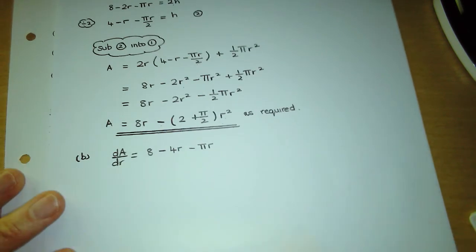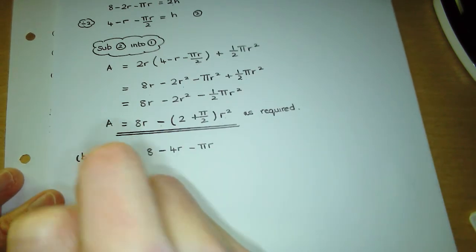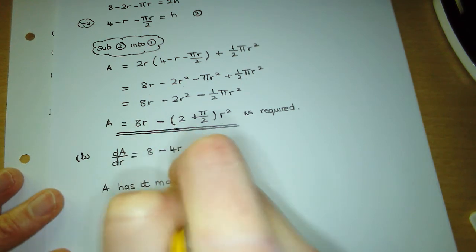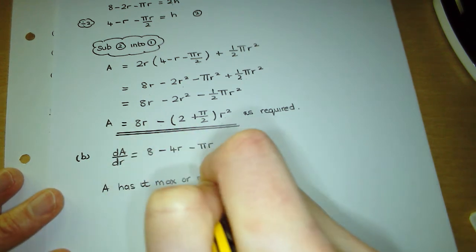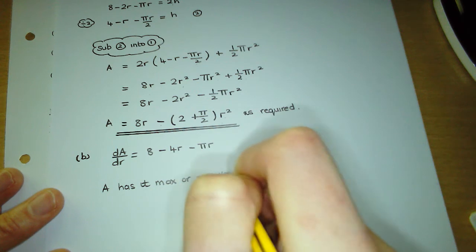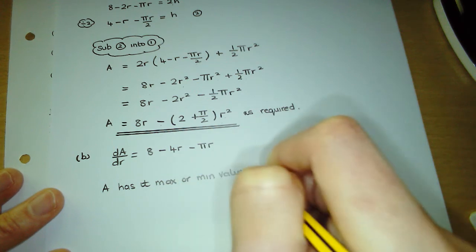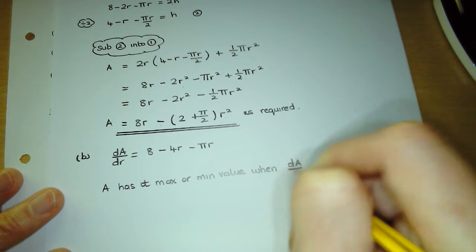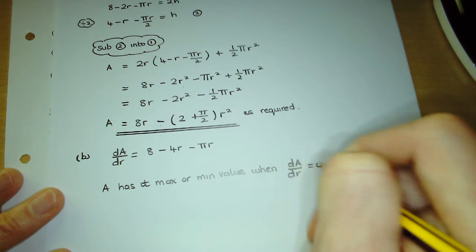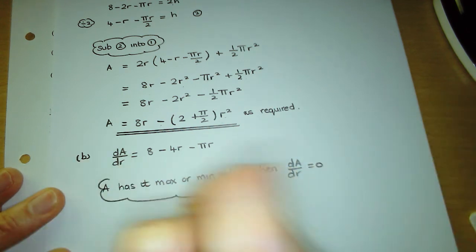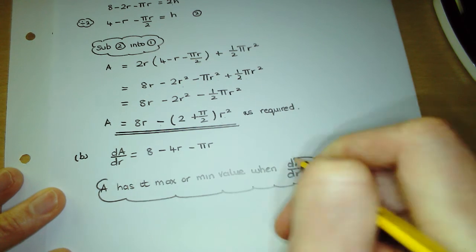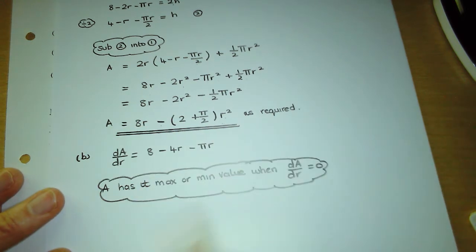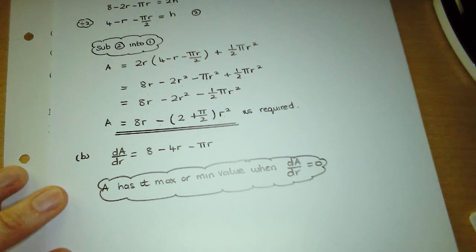Okay, so next bit. A has its maximum or minimum value when dA by dr is equal to 0. Max or min value means stationary value, same thing.